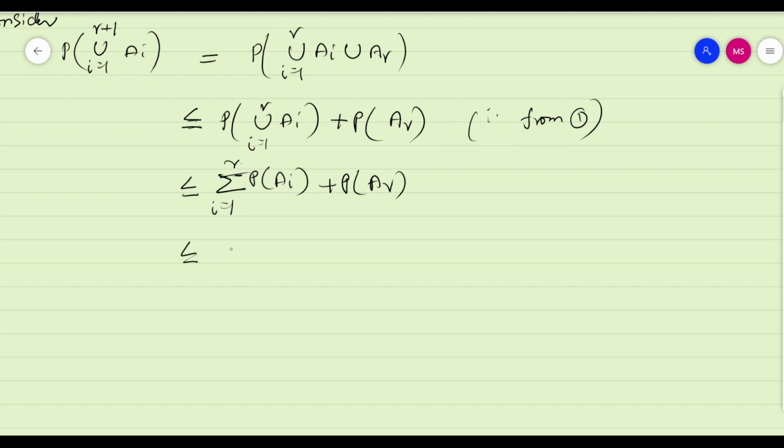Adding these two terms, summation i running from 1 to r plus 1 P of Ai.